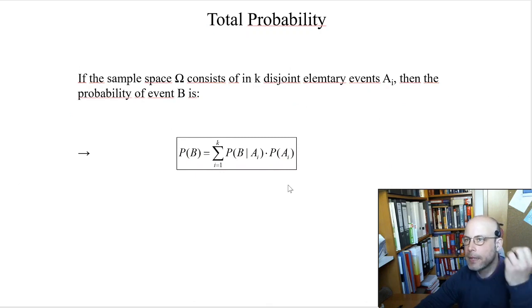So, and then the last formal part which we have today is the so-called total probability.